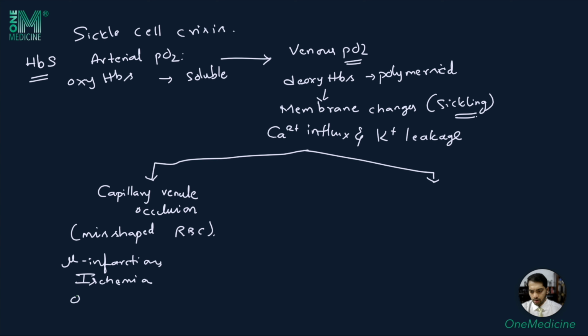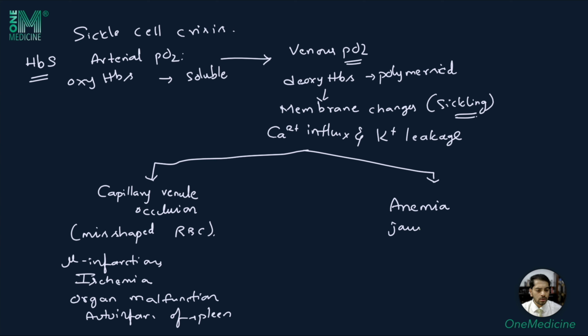It can also cause organ malfunction, and rarely it can also cause autoinfarction of spleen. The other effect that membrane changes cause is anemia due to chronic hemolysis. Jaundice, again due to hemolysis. There can be gallstones. These are pigment gallstones. They can also cause leg ulcers.